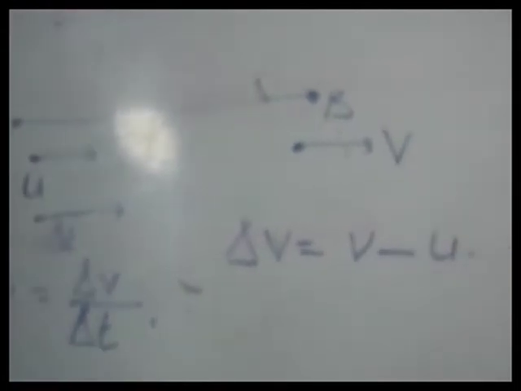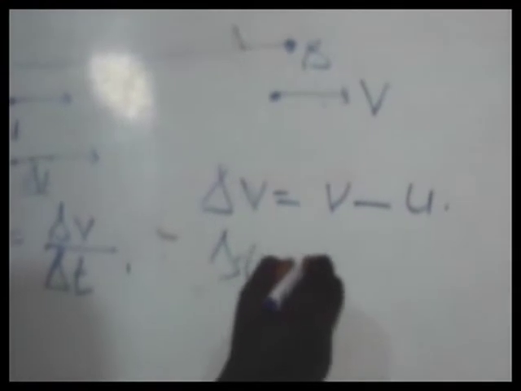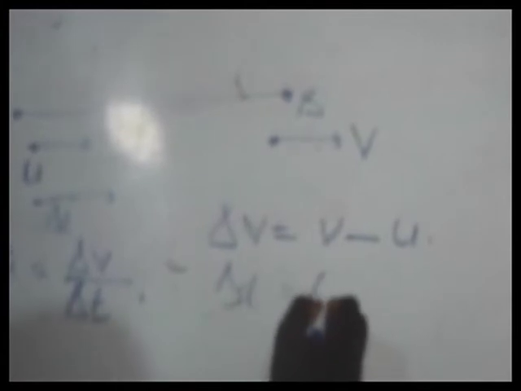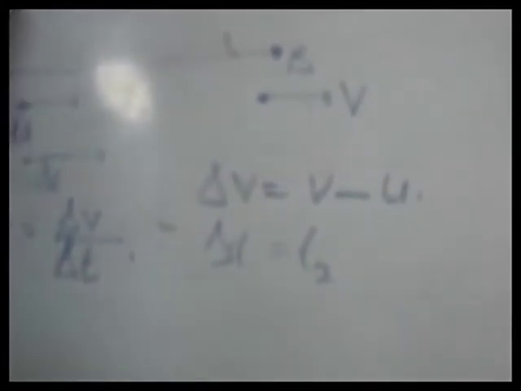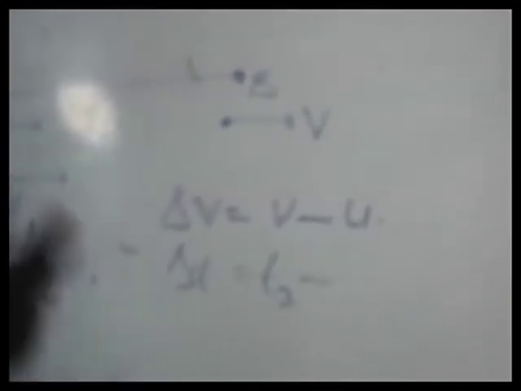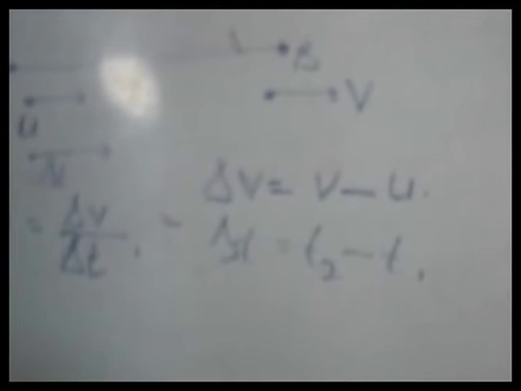They are all measured in meter per second. Then change in time also, we have the time it takes for this car to reach Bida, that is t2, the final time. Then the starting time, which is from Minna, that is t1. In this case, the t1 here becomes 0 because the car is starting from rest.